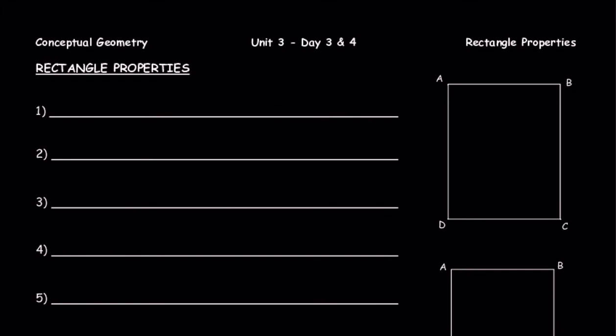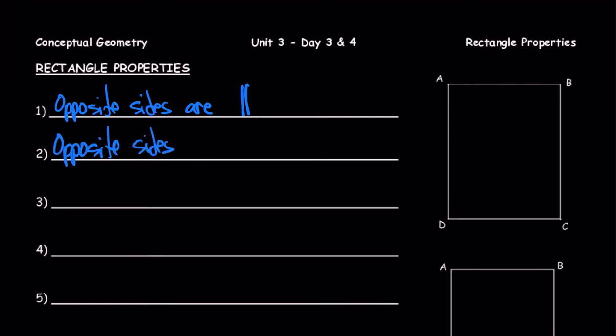Rectangle properties. Opposite sides are parallel. Remember, that's our symbol for parallel. Opposite sides are equal. Opposite angles are equal.